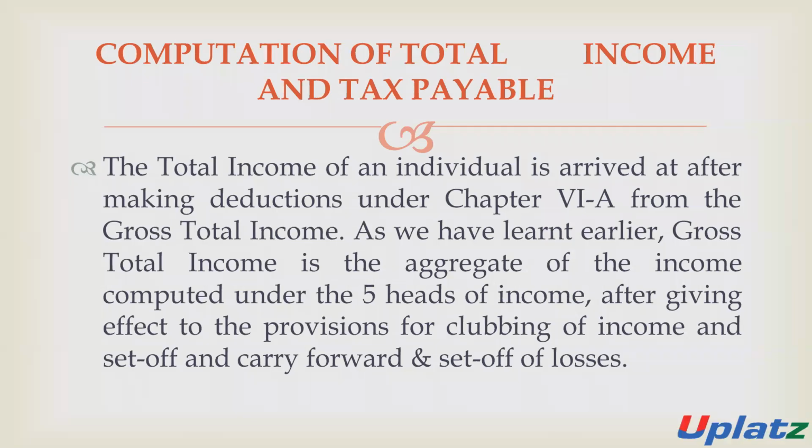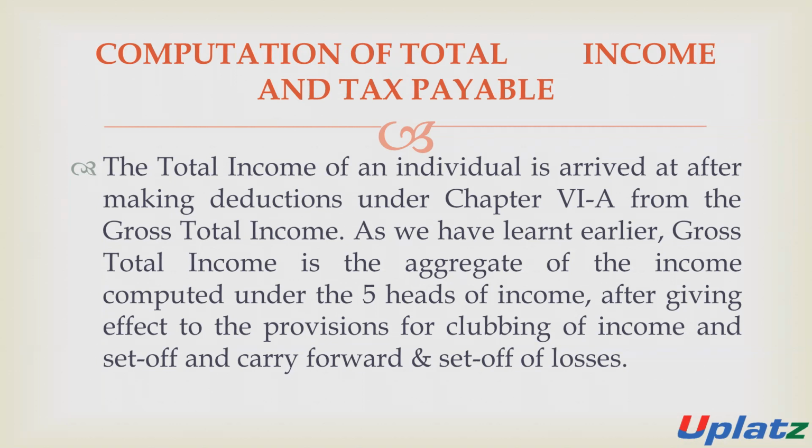The total income and the gross total income are calculated after considering all the provisions of clubbing, set off, and carry forward of losses. So the total income of the individual is arrived at after making deductions under Chapter 6A.